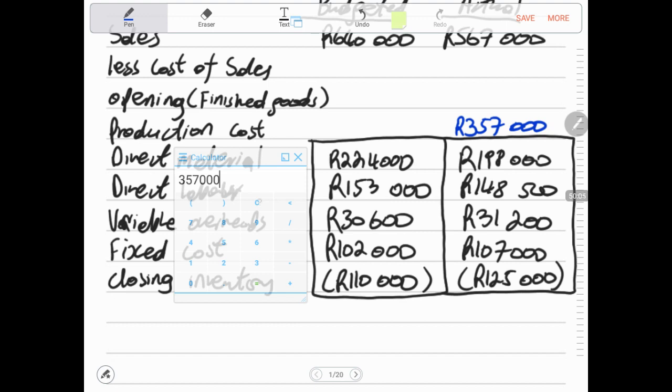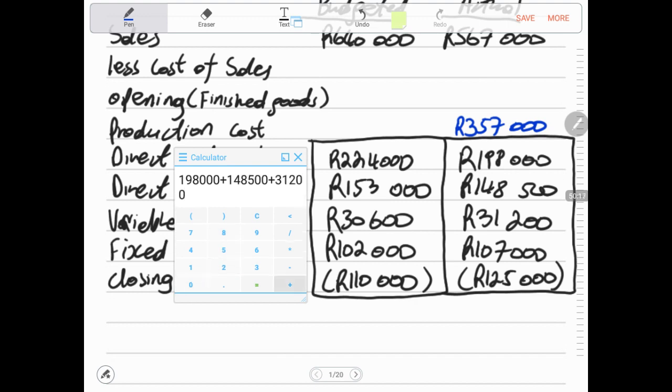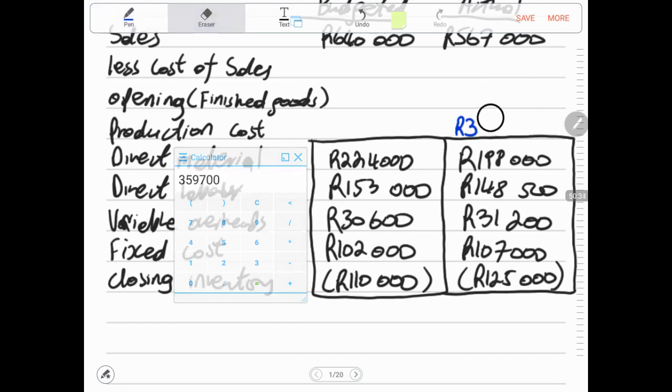Then let me just do a recalculation on that. 198,000 plus 148,500 plus 31,200 plus 107,000 minus 125,000, which gives 359,700.